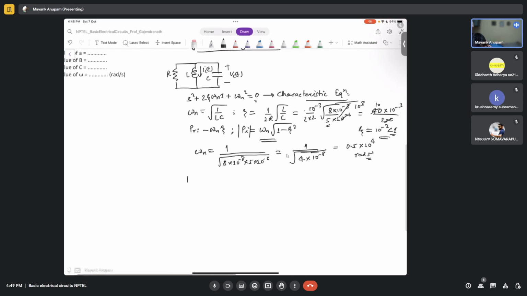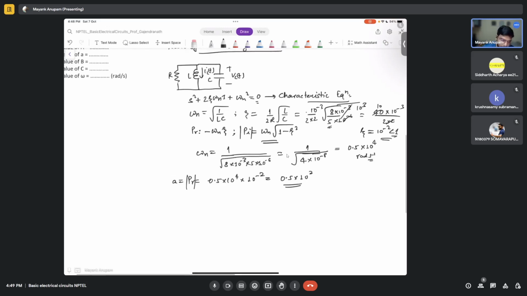So what is PR? Mod of PR, which is equal to A, is equal to 0.5 into 10 to the power 4 into 10 to the power minus 2, right? Is equal to 0.5 into 10 to the power 2, right? Is that correct?